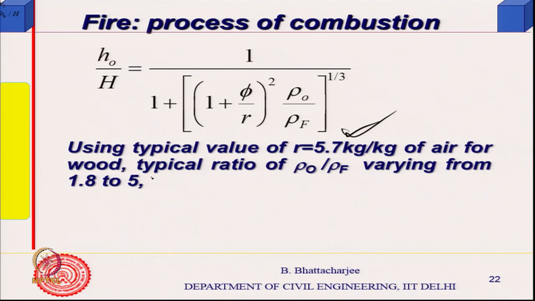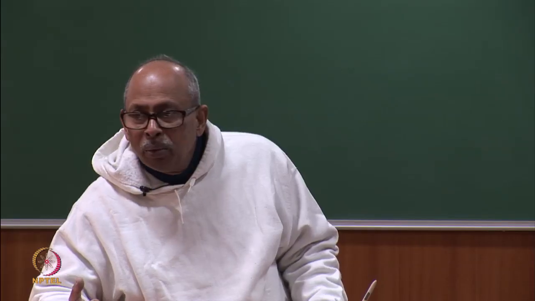The densities rho 0 and rho f vary; the air density is around 1.2 kg per meter cube.